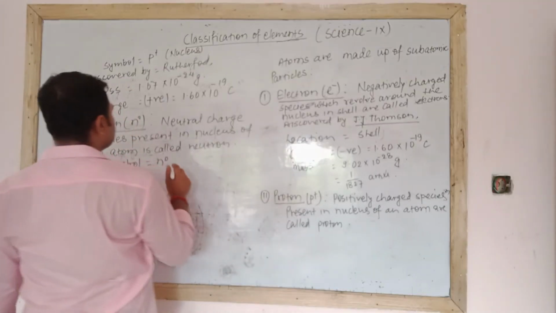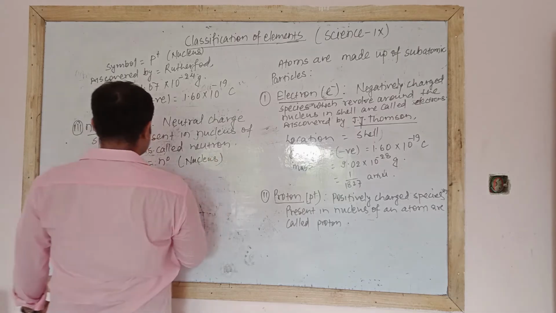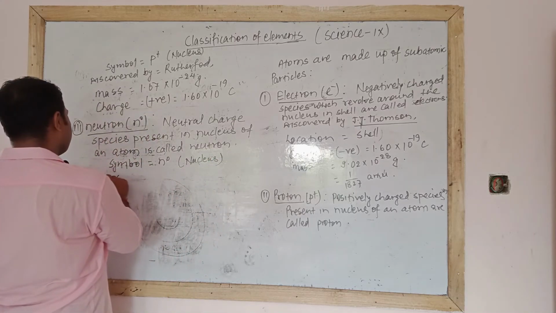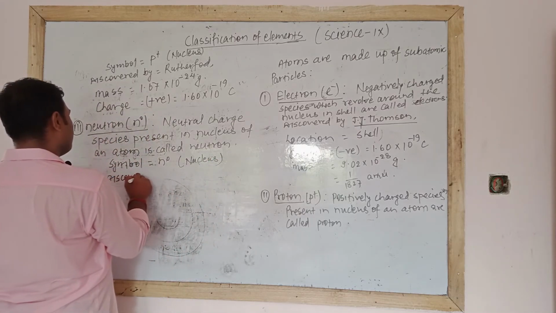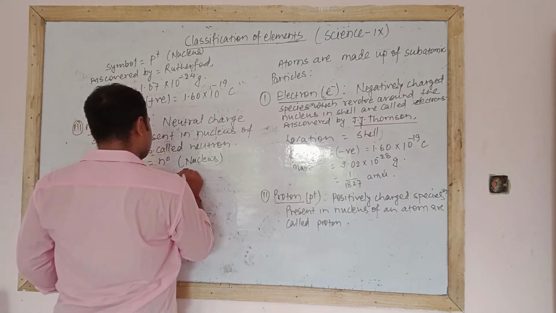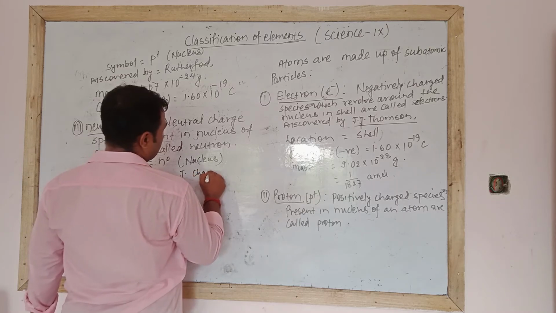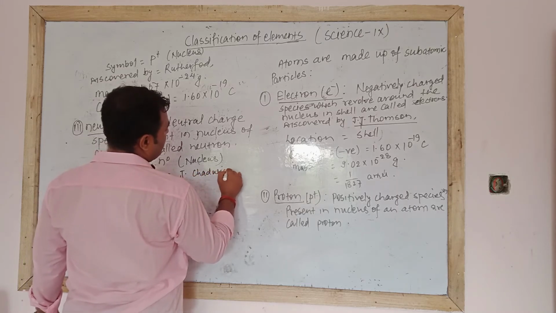Electrons are found in the shells. The neutron is also found in the nucleus, and it was discovered by James Chadwick.